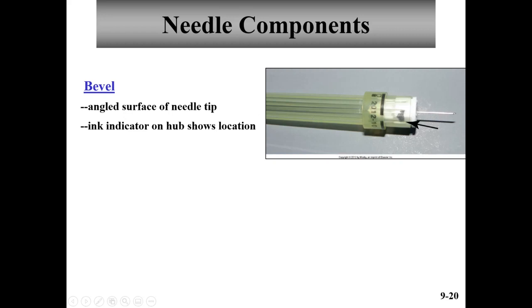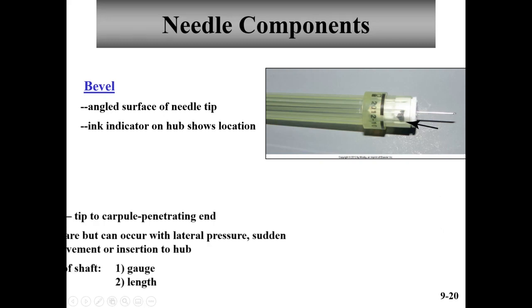That's significant, because if they don't, you're going to find yourself holding the syringe up and twisting it around looking for the bevel of the needle. You have to reflect light off of it to actually find it, and you have to orient the bevel of the needle in certain positions based on the type of injection you're giving. So it's really nice if you have an ink mark to show you where the bevel is on the needle.